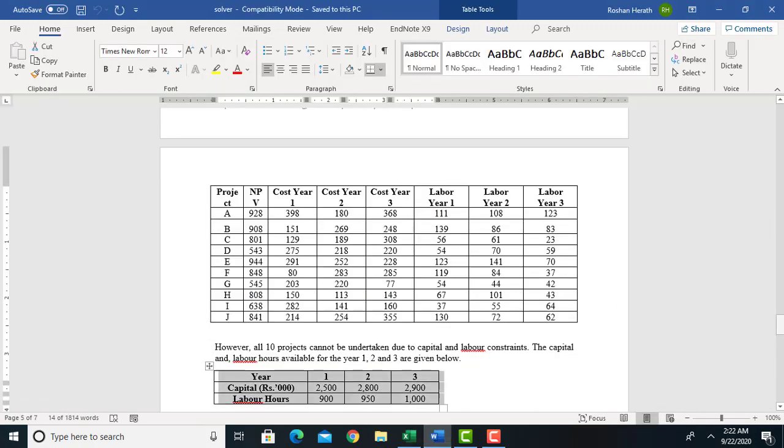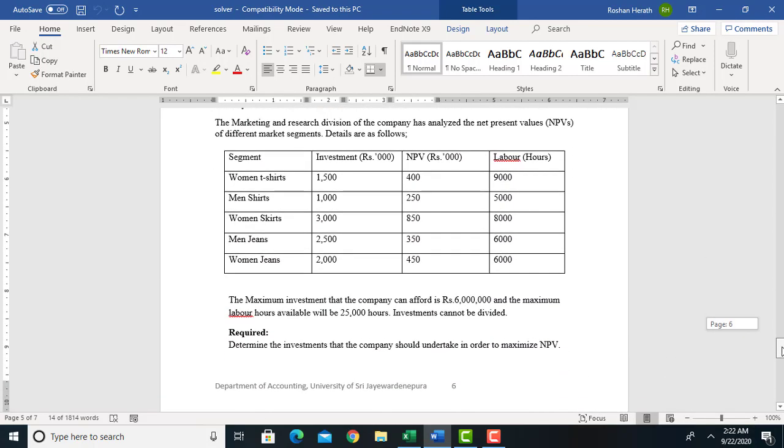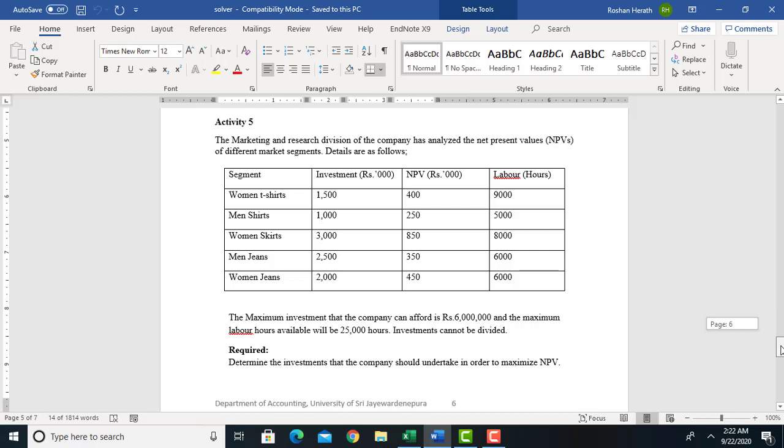In order to convince ourselves, we may work out one more question. It's a kind of exam question, activity 5. The marketing and research division of the company has analyzed the net present values of different market segments: women's t-shirts, men's shirts, women's skirts, likewise.